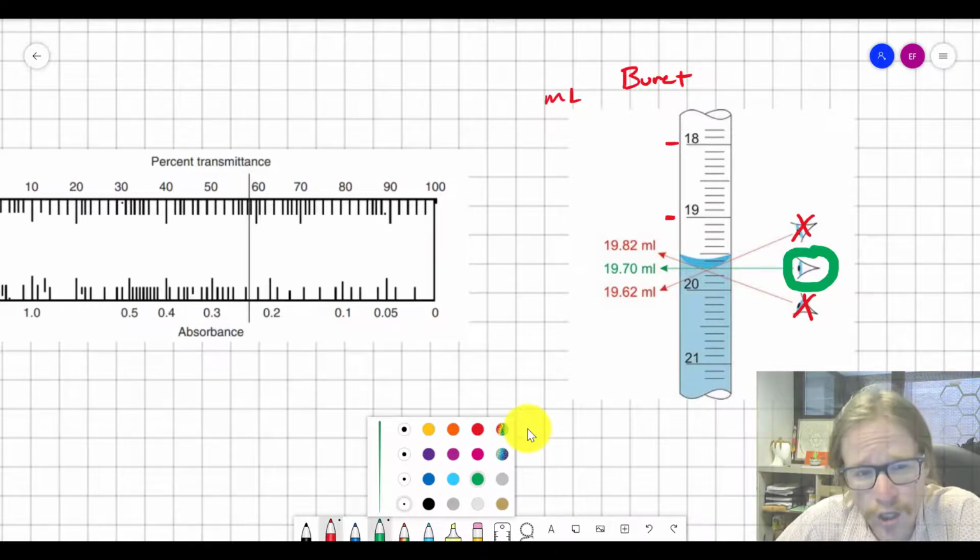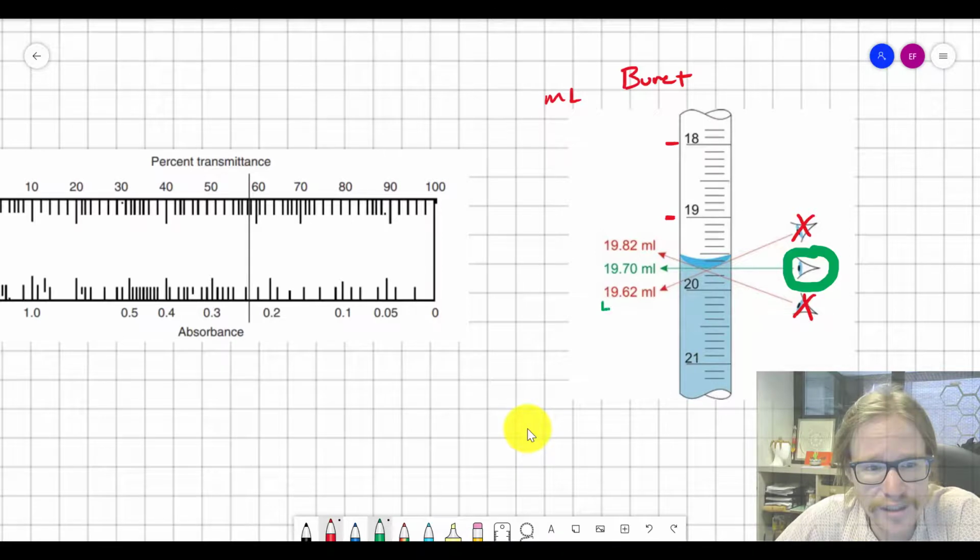So we know for sure the first three digits. We know with absolute certainty what the first three digits are. And the fourth digit becomes our best guess based on where the meniscus lies between the most fine gradations. So in this case, that meniscus, if you're looking at it directly side on here, lies exactly on the line.